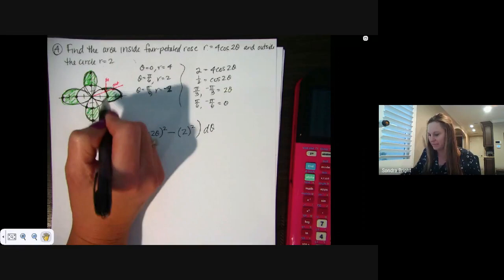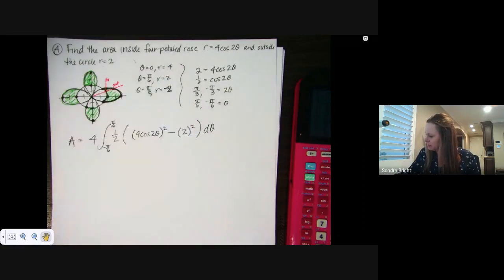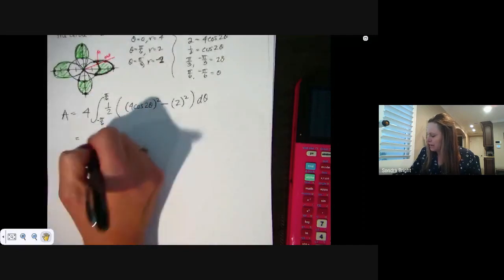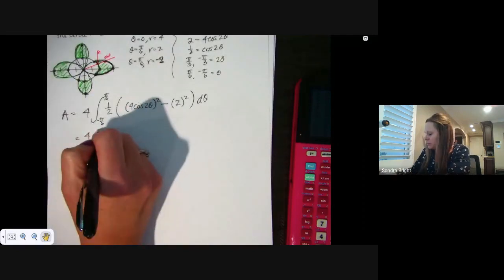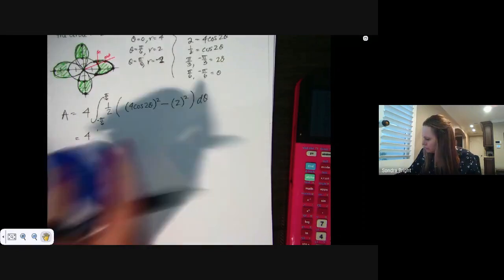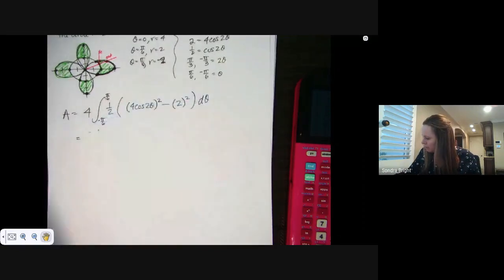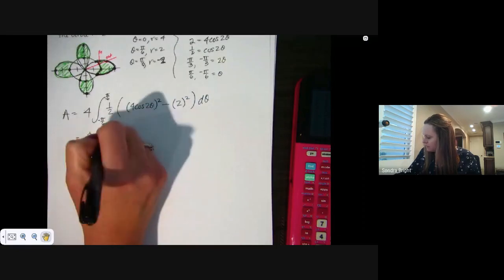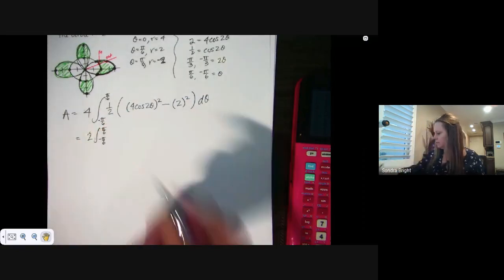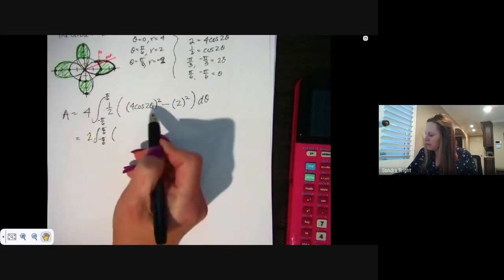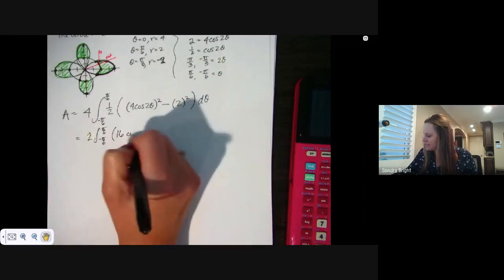All right, and now it's just some cleanup. Actually, I'm going to pull this 1/2 out and change this 4 into a 2. Make my life easier. So that's a 2 times the integral from negative pi over 6 to positive pi over 6 of 4 cosine of 2 theta squared is 16 cosine squared, still of 2 theta.